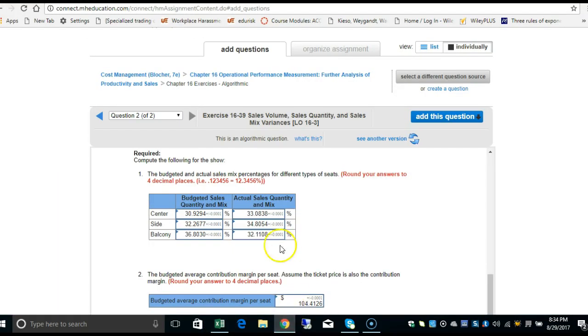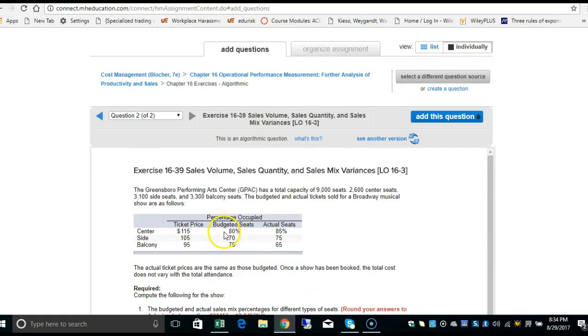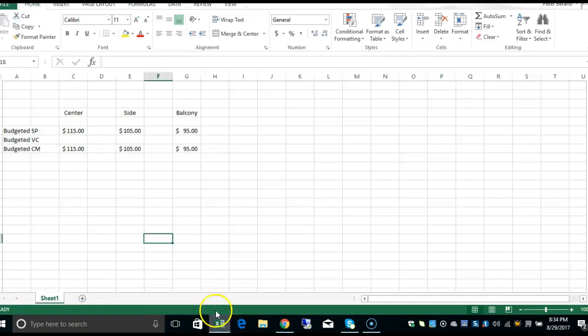Now, they tell us the budgeted quantities, so we're going to have to take the capacity here. Total capacity is 9,000 seats. We had 2,600 seats for center, 3,100 side seats, and 3,300 balcony. In this case, we have 80% of the budgeted seats, so we're going to take 80% of 2,600 as our quantity.